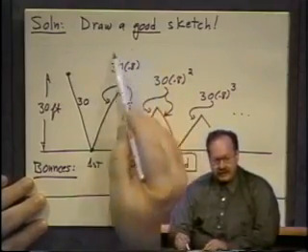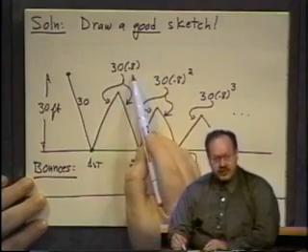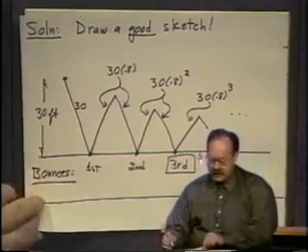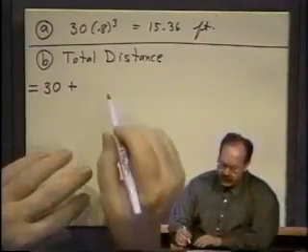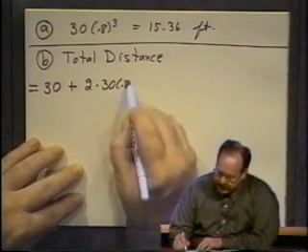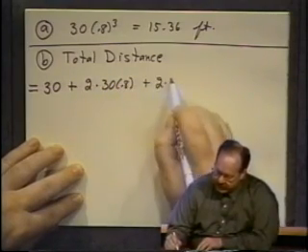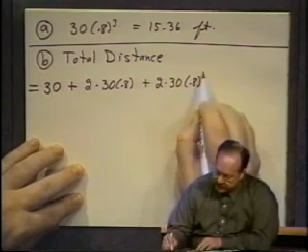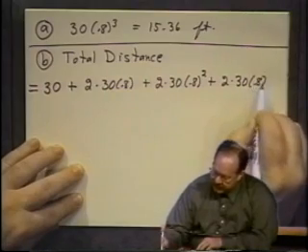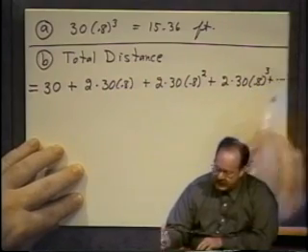So this number is repeated twice, as is the next one and the next one all the way out to infinity. So that is an insight we get from the drawing. So we will have 2 times 30 times 0.8 plus 2 times 30 times 0.8 squared plus 2 times 30 times 0.8 cubed plus ... out to infinity.